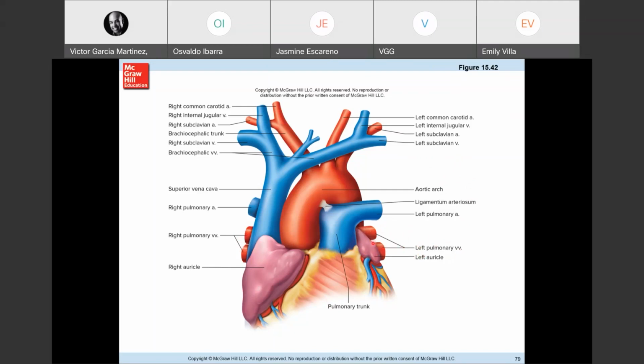And finally, we have emerging from the right ventricle the pulmonary trunk, and we're going to have the left pulmonary artery and right pulmonary artery. Guys, these are great vessels, and you need to remember all of these blood vessels.